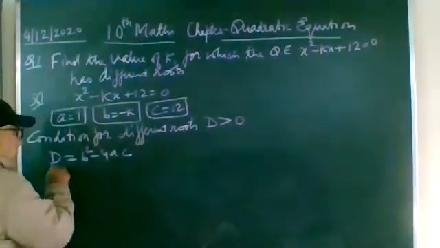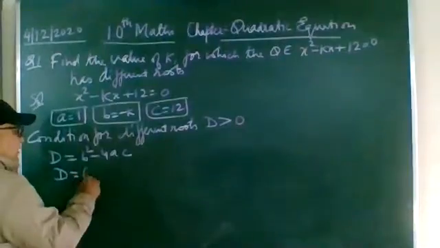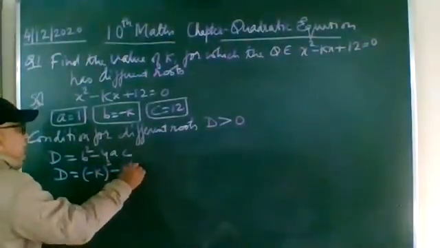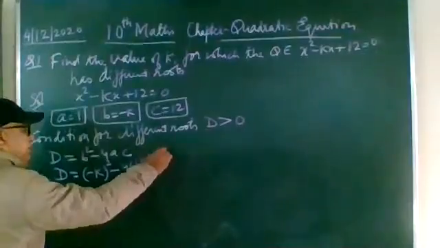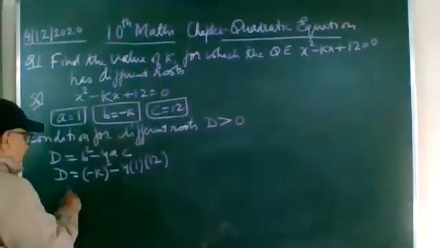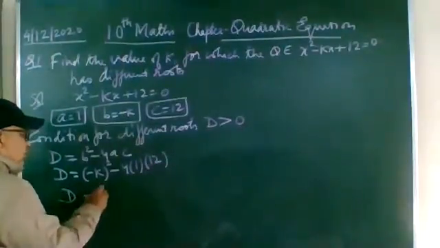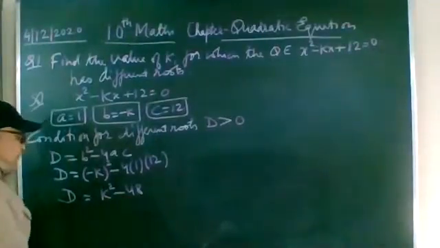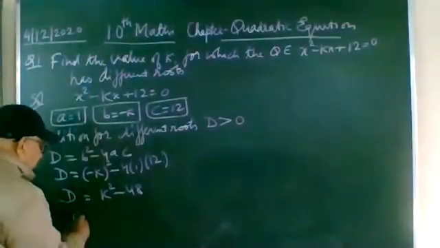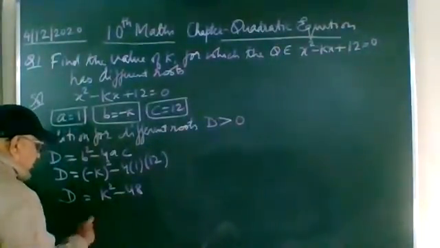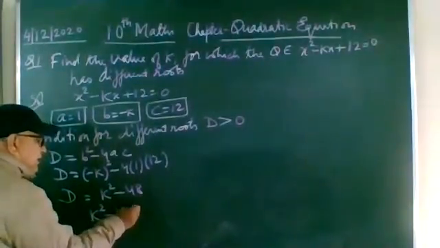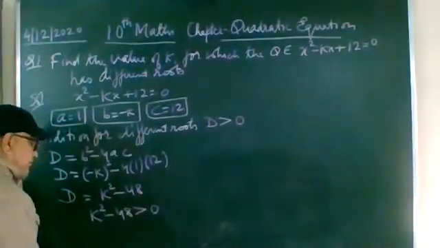So in D you put the value of b, that is minus k whole square minus 4 into 1 into 12. So D equal to k square minus 48. Now what you will say? K square minus 48 is greater than 0.